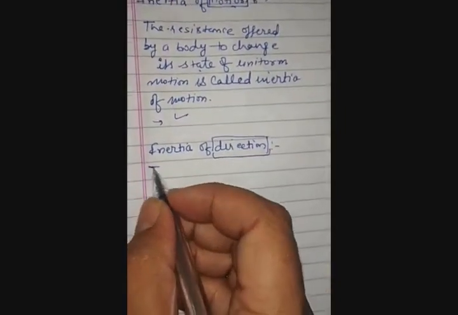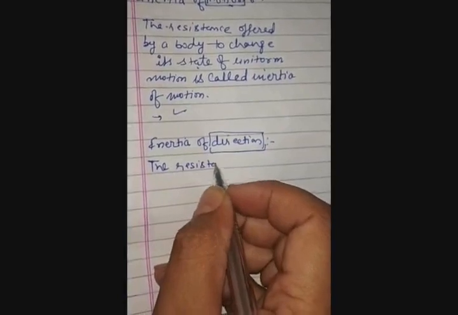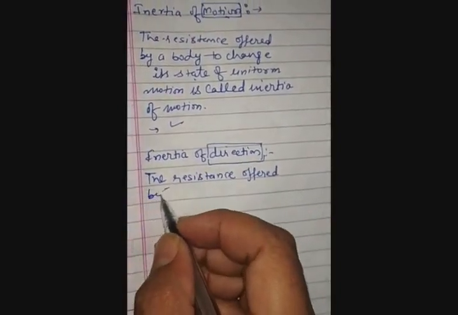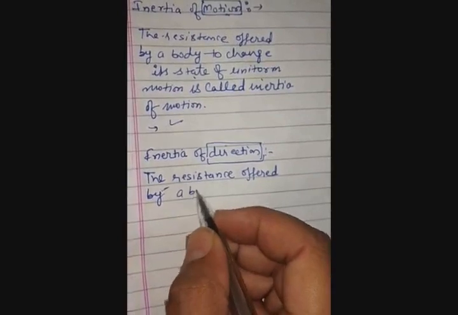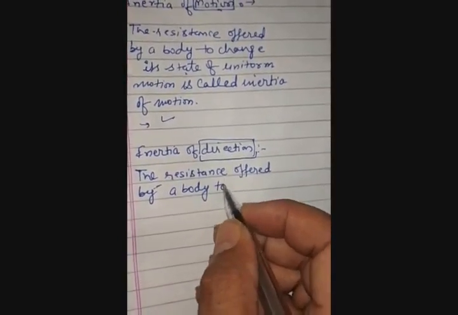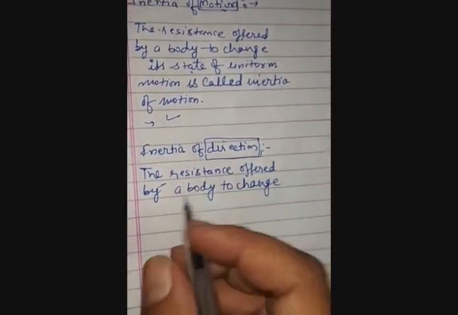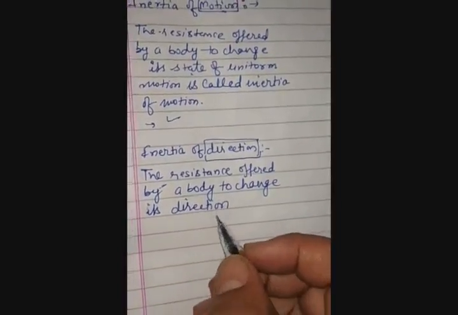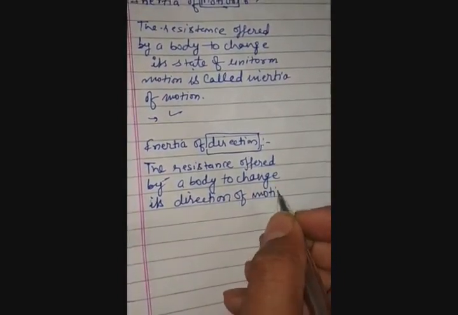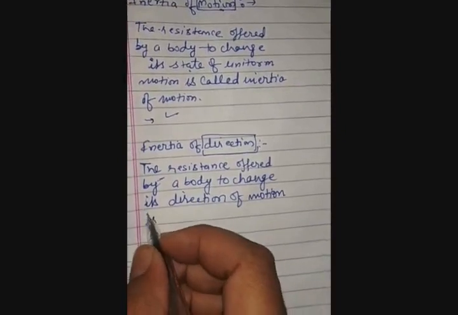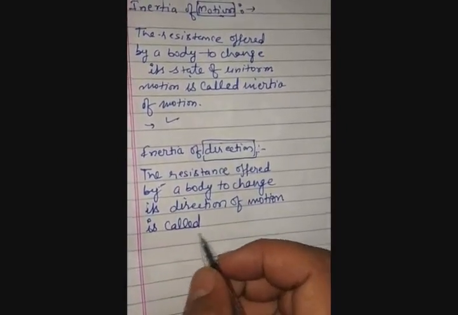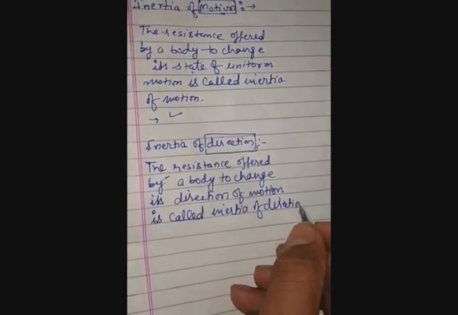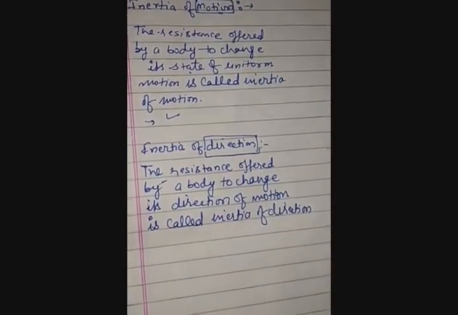So the simple definition I'm telling: the resistance offered by a body to change its direction of motion is called inertia of direction.